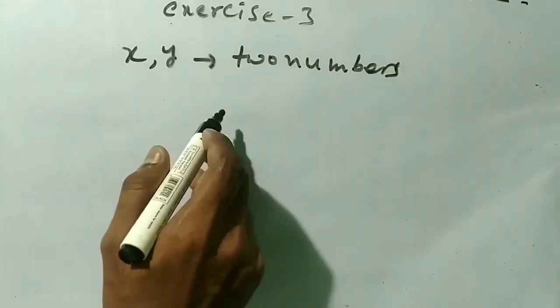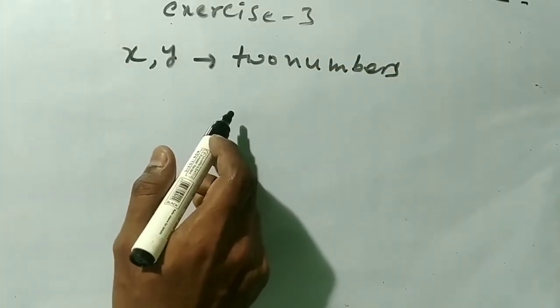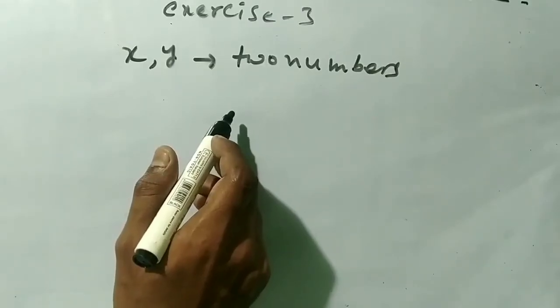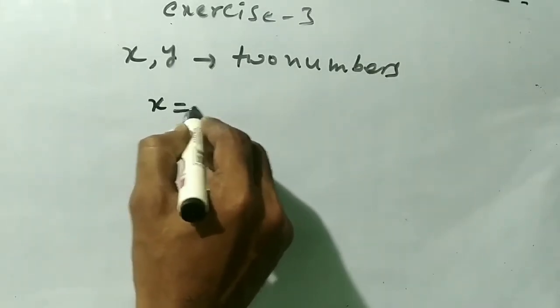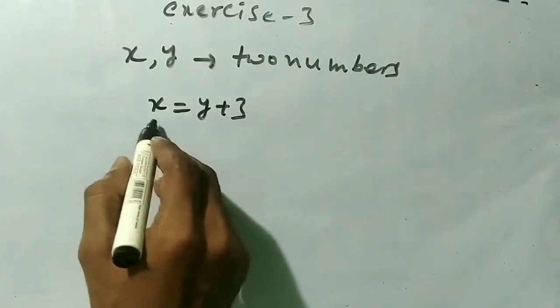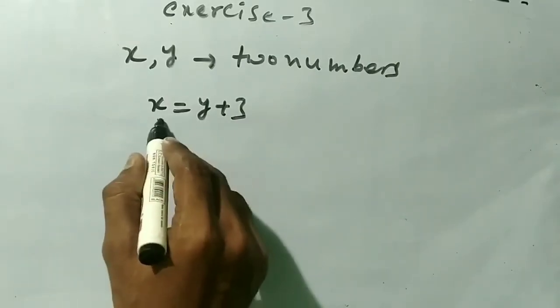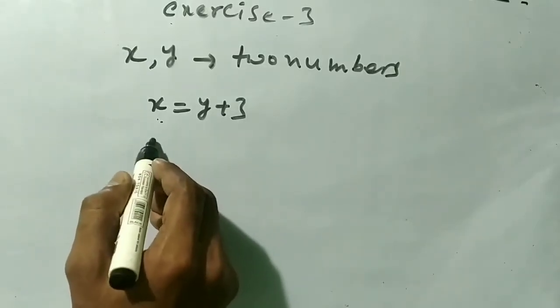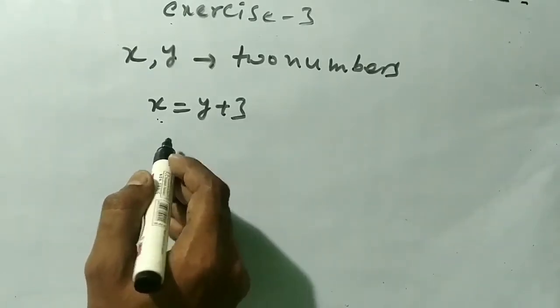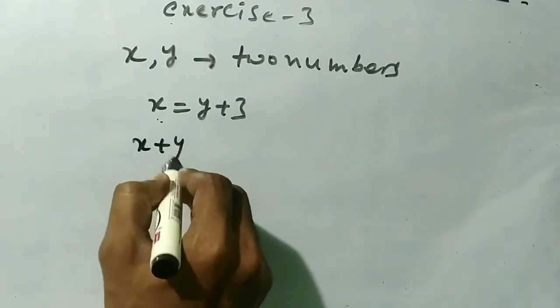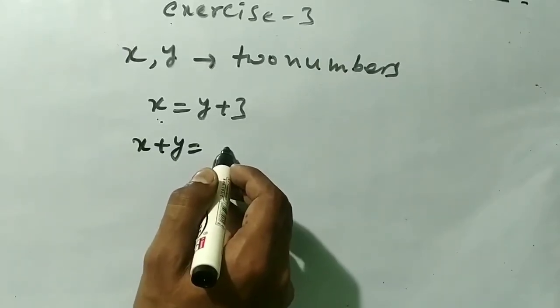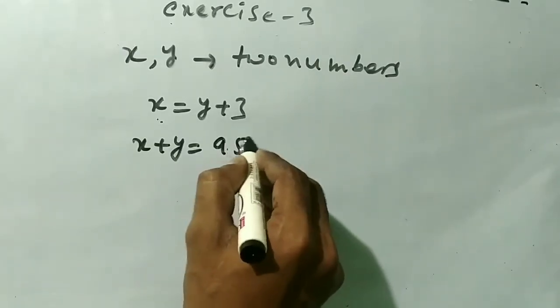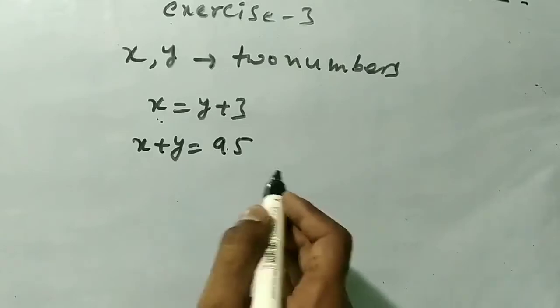But it is given that one exceeds the other by 3, that is, x is equal to y plus 3. Also, the sum of the two numbers, x plus y, is 95. So two equations are given.